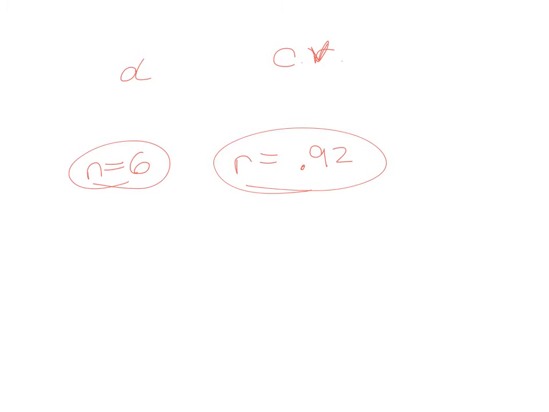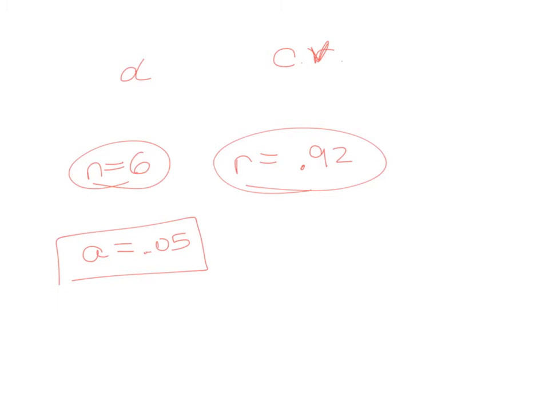And let's just say they asked you to have a level of significance of 0.05. Okay, what you have to do in this situation is you have to look at the critical values table to make sure that your R value is appropriate. If your R value is not appropriate, then that means you don't have enough data to complete your problem.